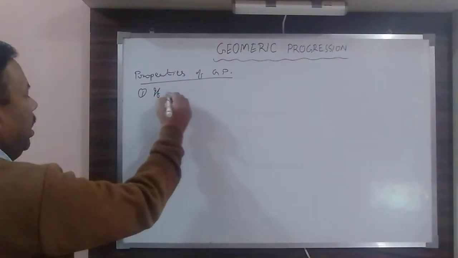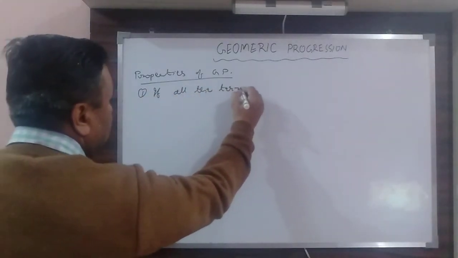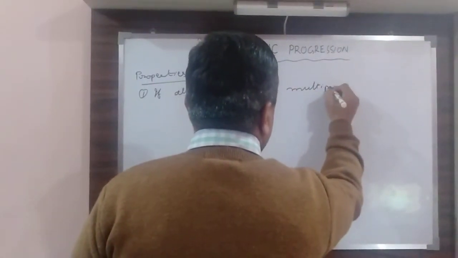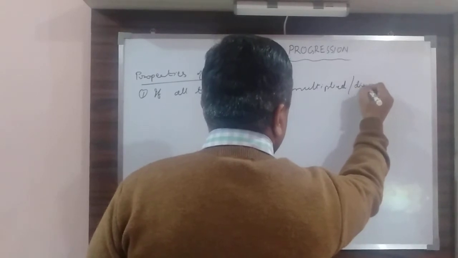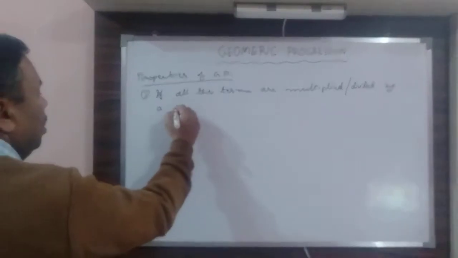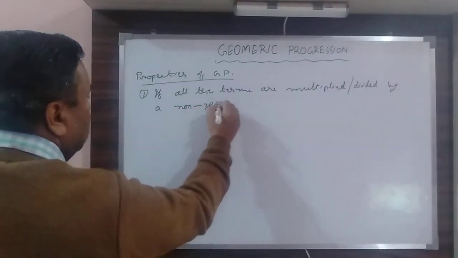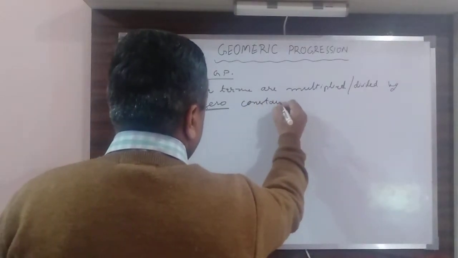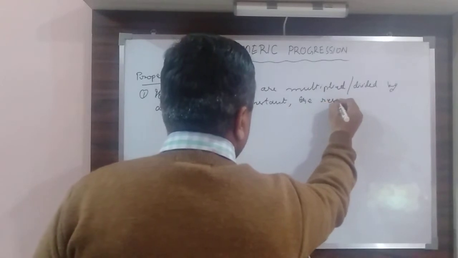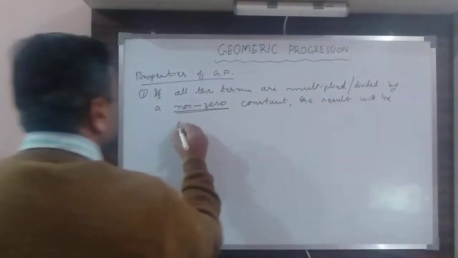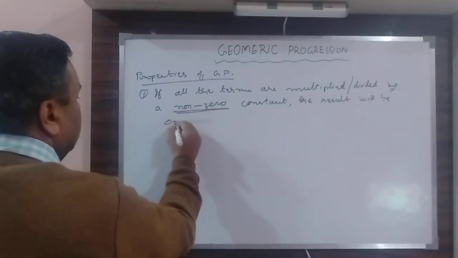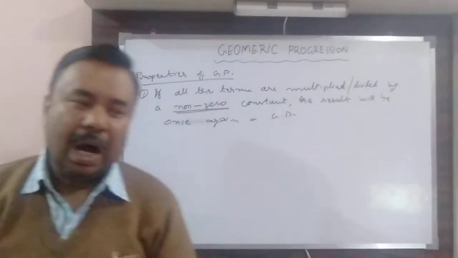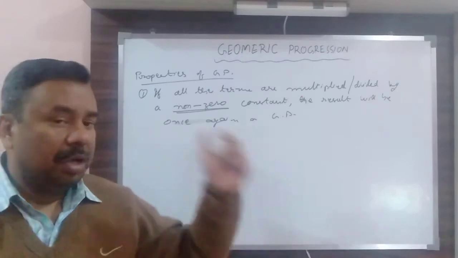The first property is: if all the terms are multiplied or divided by a non-zero number, remember, a non-zero constant, the result will once again be a GP.